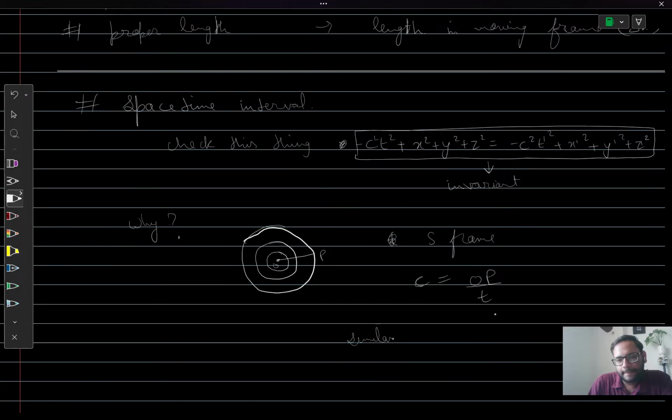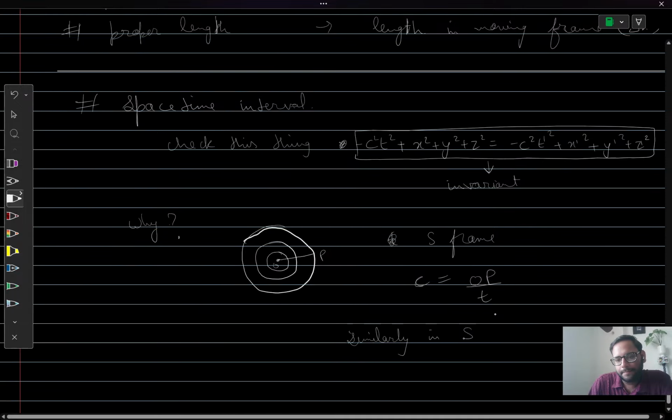Similarly in the S prime frame, it will be c by the second postulate.